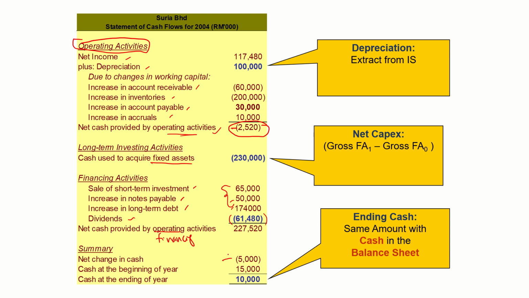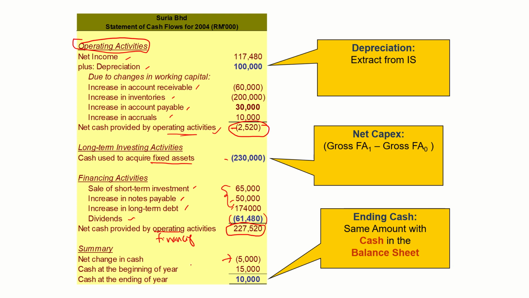Then you add everything up. It makes the net change in cash negative 5,000. Where did you get this? 227,520 minus 230,000 minus 2,520.